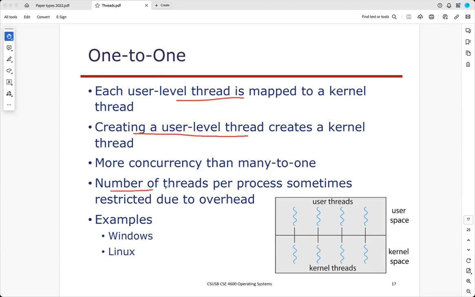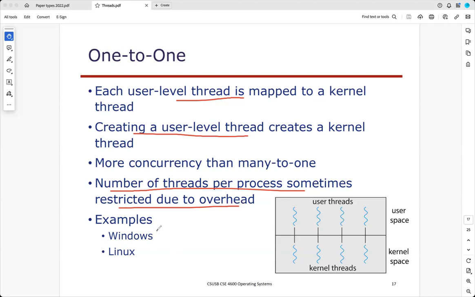Here the number of threads per process is sometimes restricted due to the overhead. If the user creates too many threads, the kernel needs to create the corresponding kernel threads. It may cause overhead. So we will limit the number of threads created by each process.